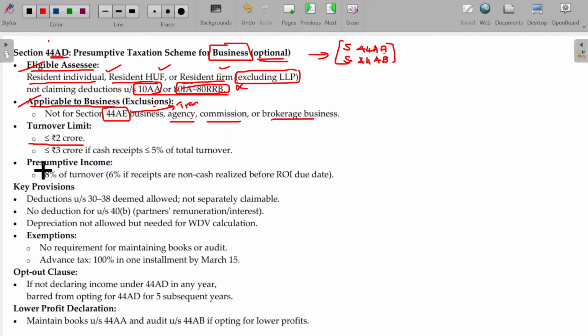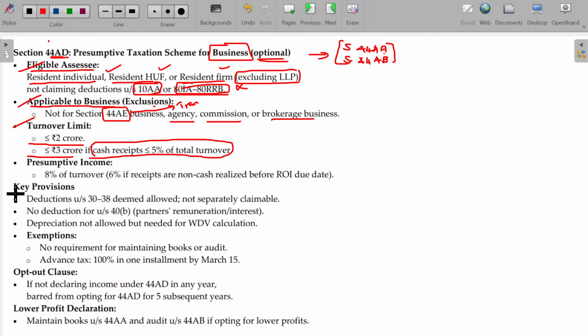But if you choose 44AD, you escape from that. And if, in your overall receipts, only less than or equal to 5% is cash, then the limit increases to 3 crores. Clear? Less than or equal to 2 crores turnover limit, of course you can enjoy the 44AD scheme. Less than or equal to 3 crores, of course you can enjoy the same 44AD scheme, provided your cash collection should be less than or equal to only 5% of the total turnover.